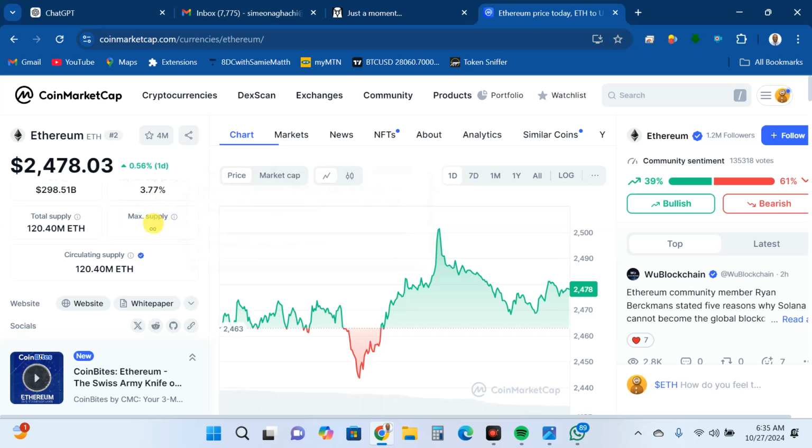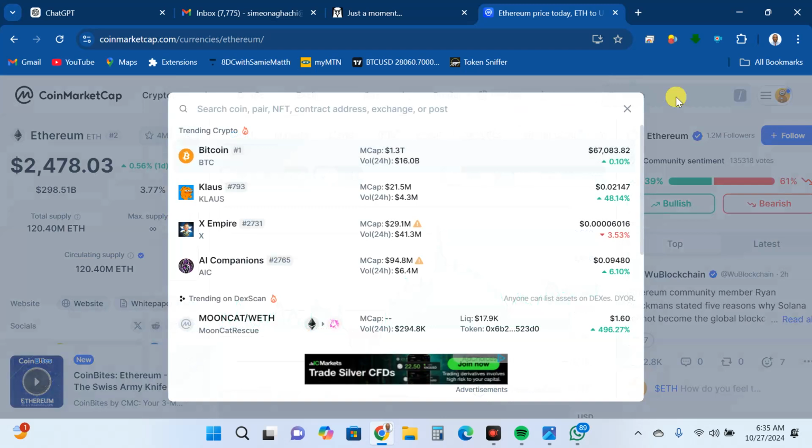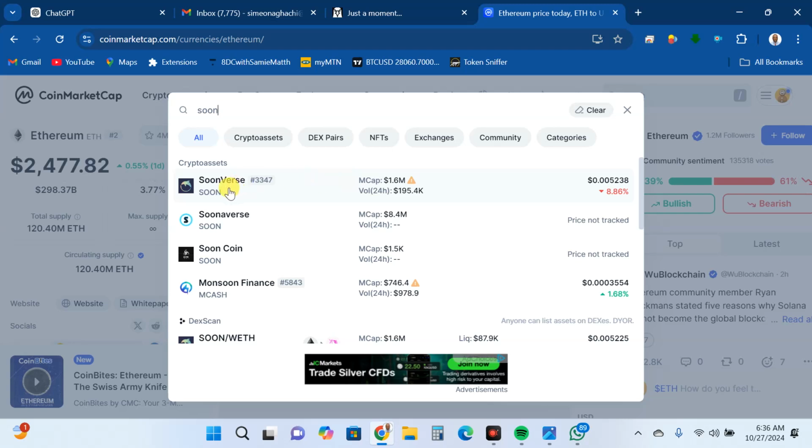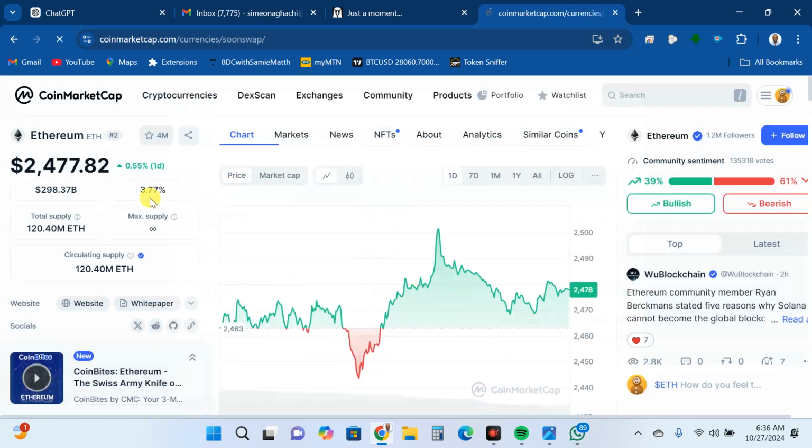I think I've done enough justice to the supply metrics of any coin. So let's look at a coin that actually has all the supply showing. I think we have Rajan, but the zeros are going to be too big. So let's look at Sunverse.